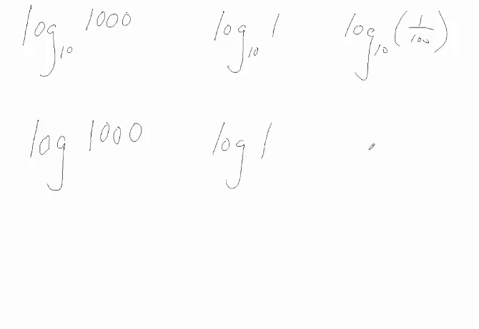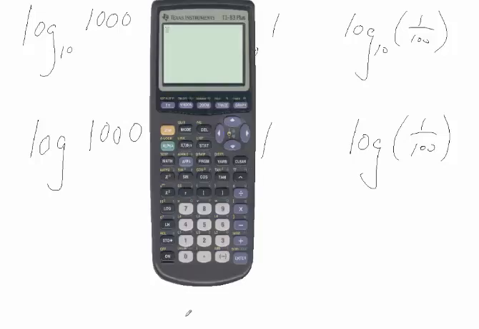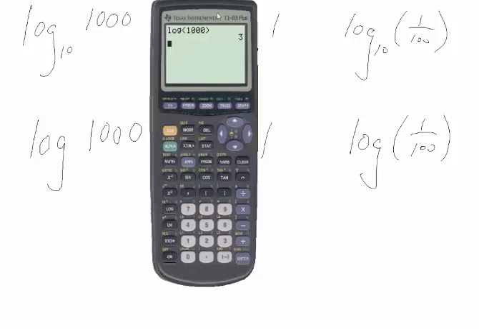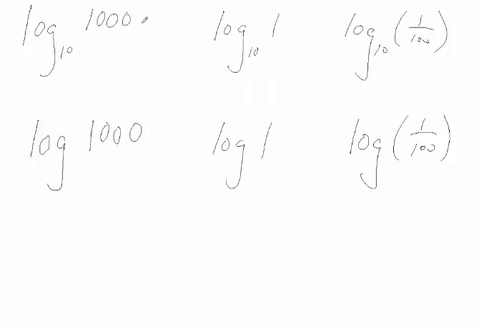This would be log 1. This would be log 1 over 100. Now, on your fancy calculator, there's this button that says log. So if I type log 1,000, enter, it says 3. That means, going back here, 10 to the third power equals 1,000.